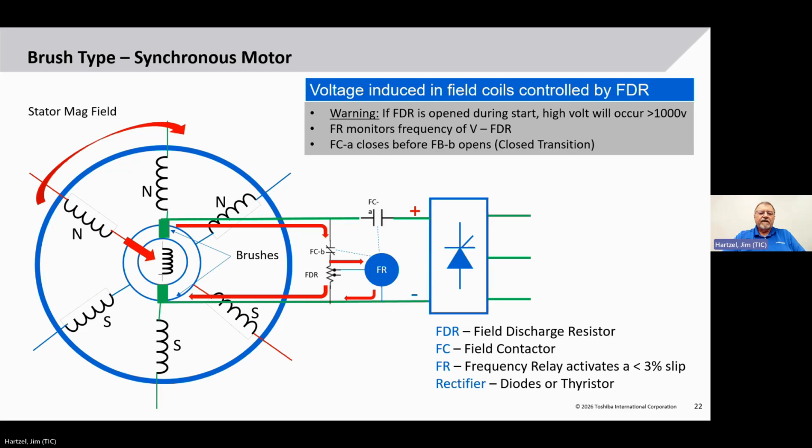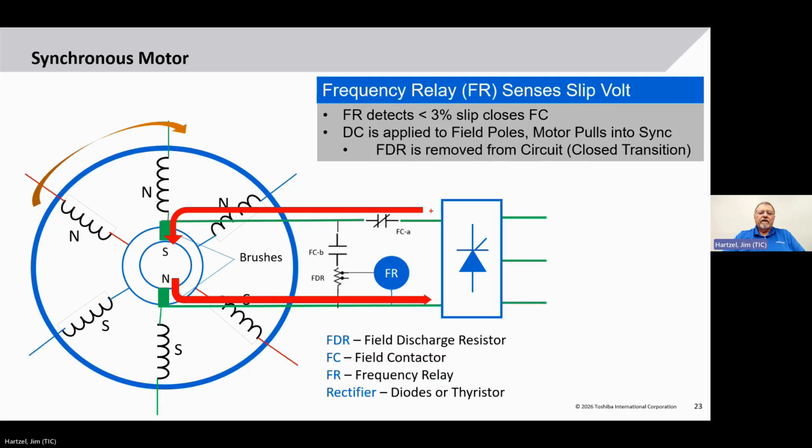And we can see that in this example where it closed this, put power to the field, and it opened the field discharge resistor because we now want it out of the circuit because it's low resistance. It's not rated to be in there continuously. So this is all the circuit that you need to supply with this synchronous motor.